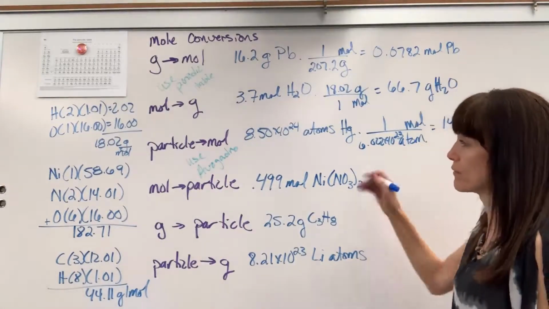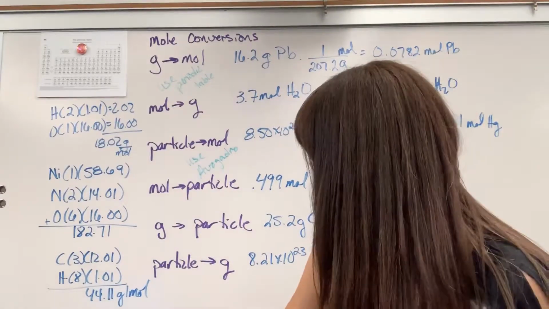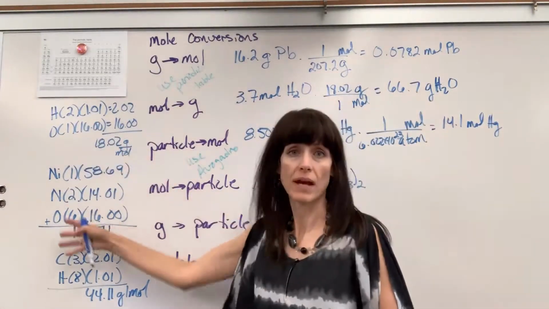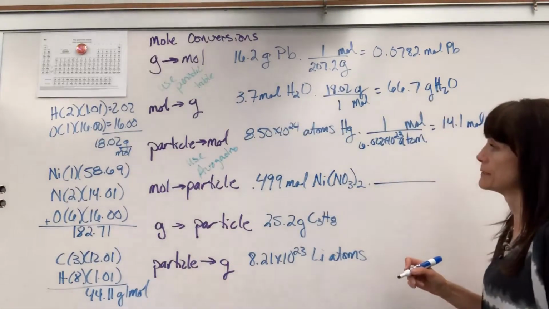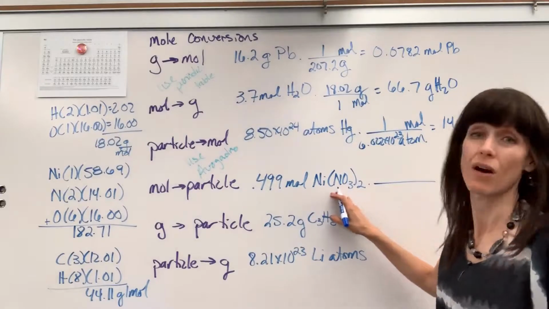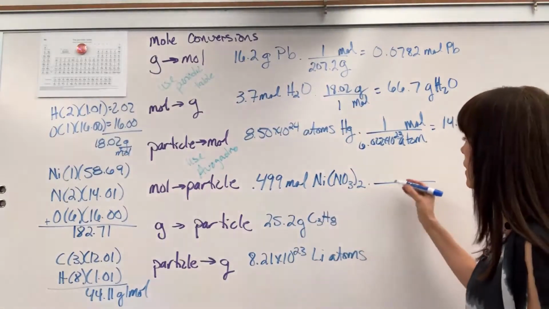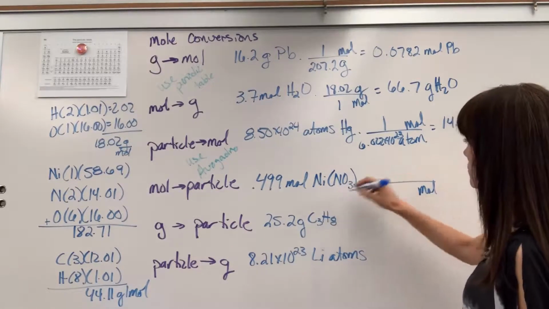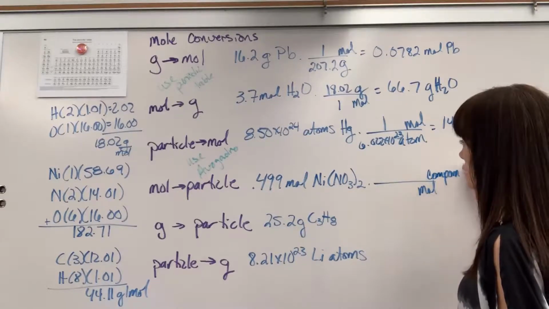Okay, now we're going to go vice versa, mole to particle. So I have 0.499 moles of nickel 2 nitrate. I did the molar mass over here for you. And we're going to bring this to, in this case, compound. You could also call this a formula unit since it's an ionic compound. So I put mole on the bottom, that's going to cancel, and we're going to put the compound on top.